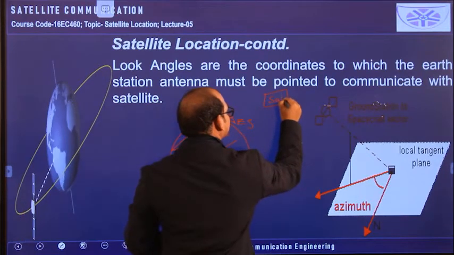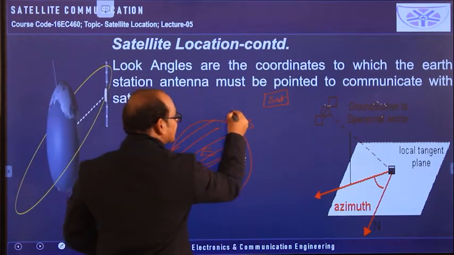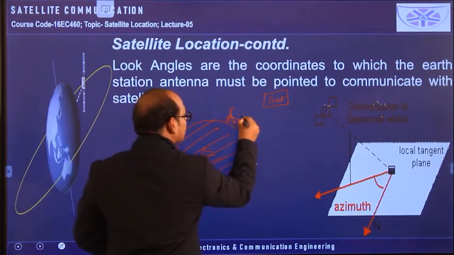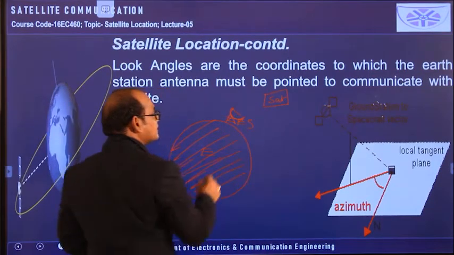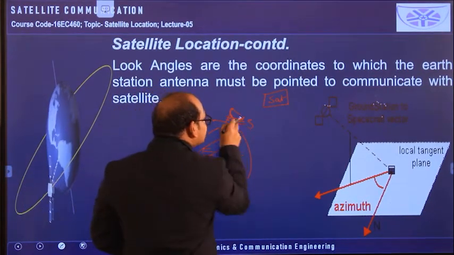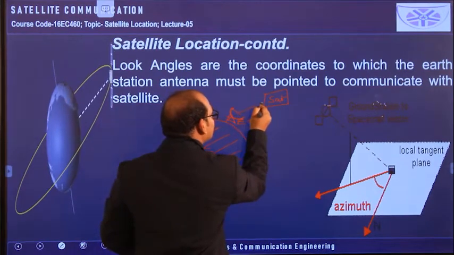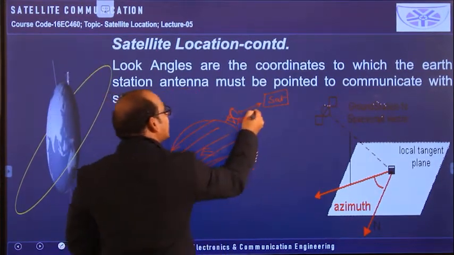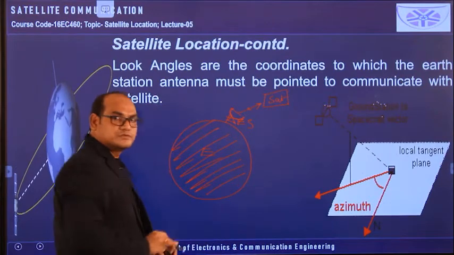Here the earth station antenna is there, a parabolic antenna, for example a parabolic reflector I have kept here. This is the earth station antenna. So this earth station antenna should look towards this satellite only, then only maximum signal transmission can be possible.